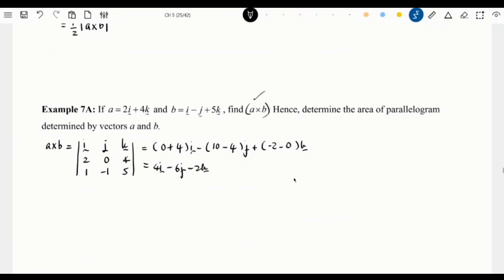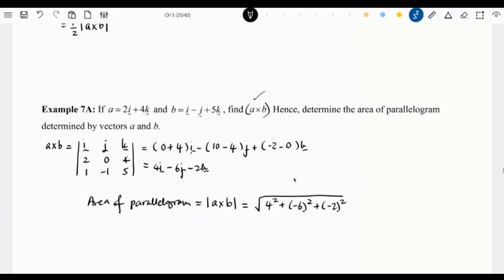Hence determine the area of parallelogram determined by vector A and B. Okay, so area of parallelogram will be magnitude of A cross B, square root of 4 squared plus negative 6 squared plus negative 2 squared. Okay, dapat berapa ni?